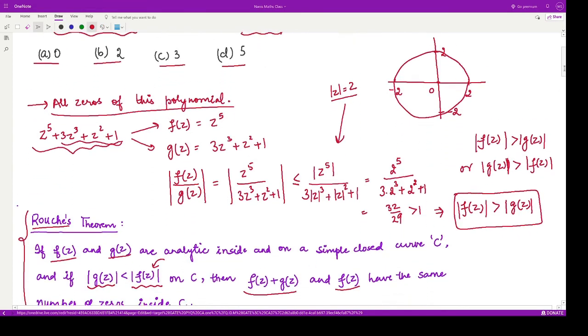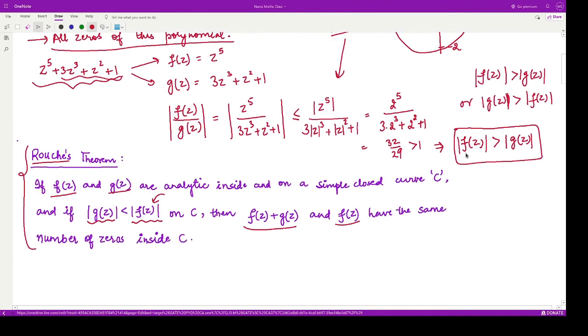So according to this theorem, we have the modulus of f of z greater than the modulus of g of z. That means our original polynomial, which was the sum of these two polynomials, would have the same number of zeros as f of z.